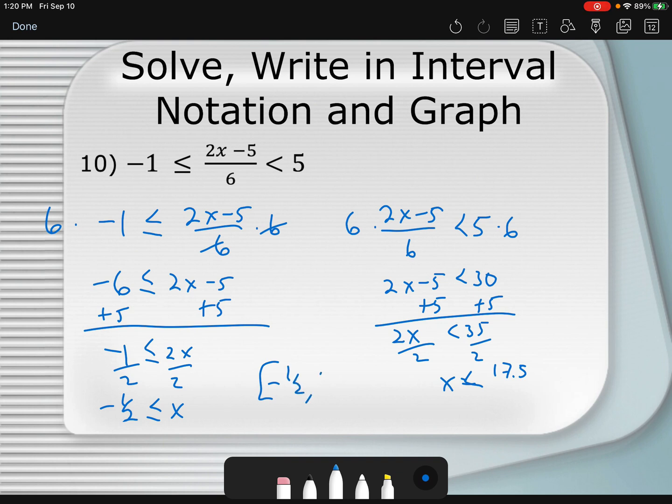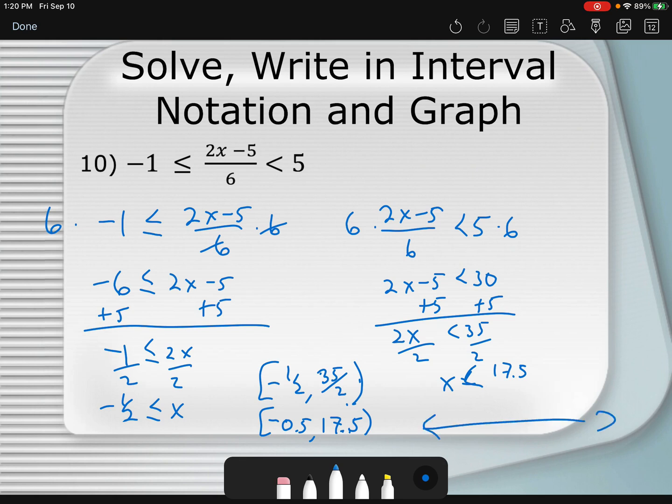So interval notation, let's see, 35 halves, 17.5. If I leave it in fraction form, it looks like that, and that would not be a bracket. You're right, you caught me. That would be a parenthesis, because it's not including 17.5. We could also do this. I know people like decimals better than fractions.